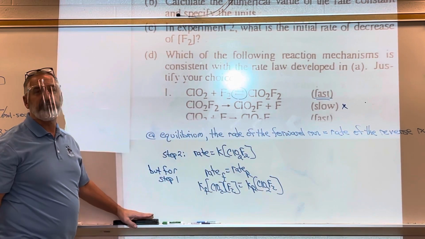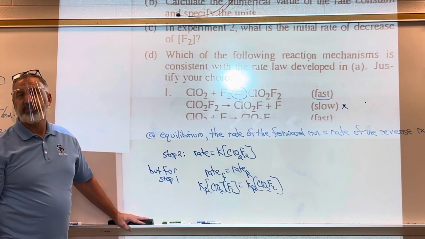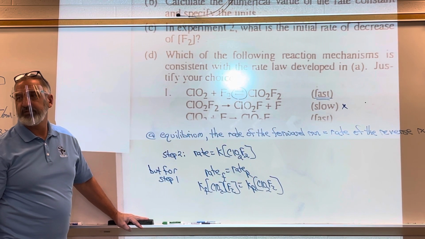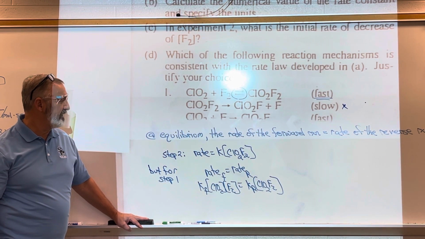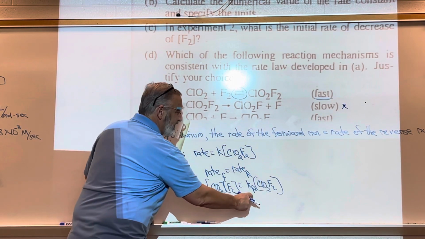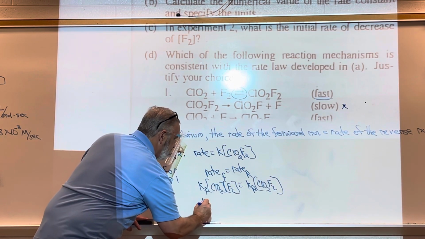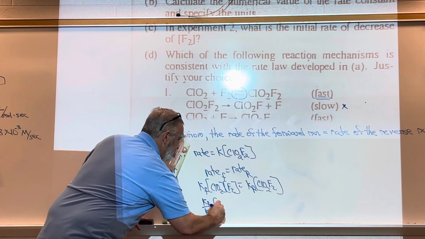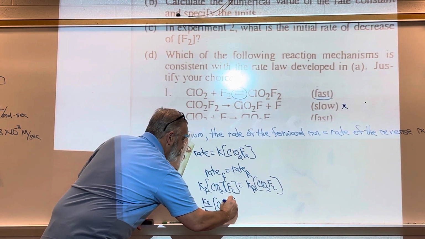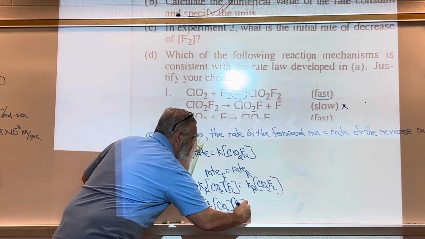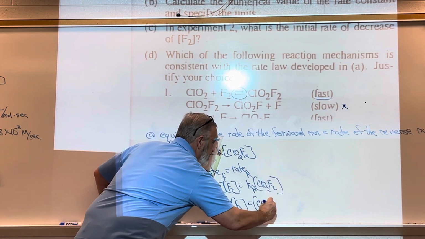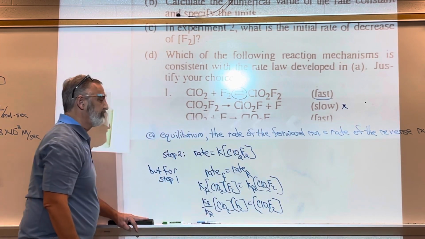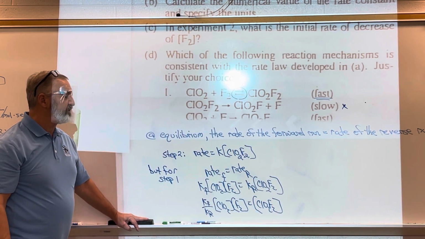Anybody see where I'm going with this? Where am I going, Abby? We're going to substitute that into step 2. So bring the K reversed over, and we get K forward divided by K reversed times ClO2 times F2 is equal to the concentration of ClO2 F2. I'm just doing a proof.